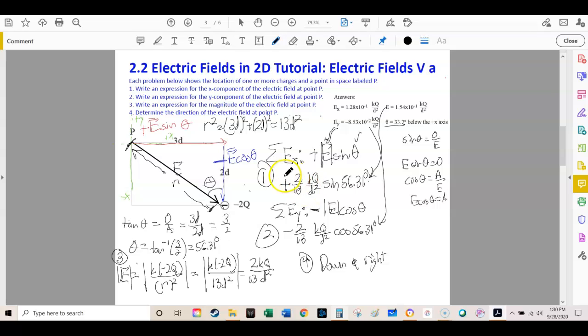Note that they both have the same magnitude, right? If E is defined as the hypotenuse, and we have evaluated E to be 2/13 kq over d squared, then the red arrow pointing to the right is going to be positive 2/13 kq over d squared sine of 56 degrees. And it's going to have the same hypotenuse as the y direction stuff, except this will be pointed down.